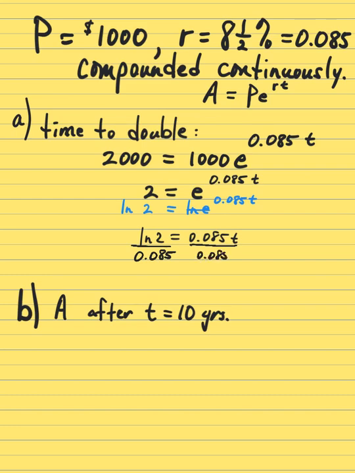And that will isolate T. And remember, to 2 decimal places, we need ln of 2, close parentheses, divided by 0.085. I get 8.15 years. So a little over 8 years.